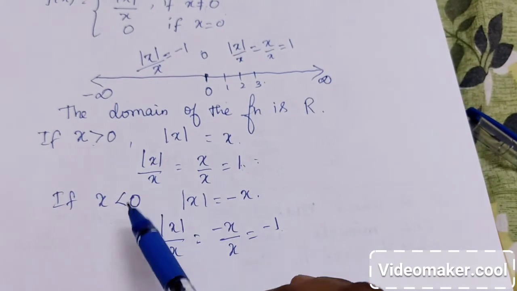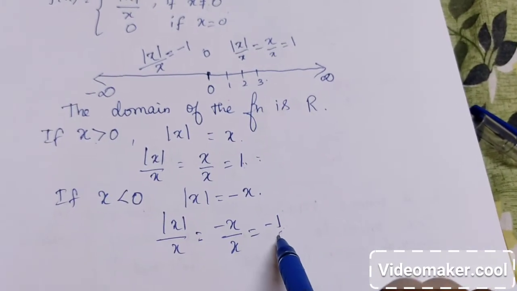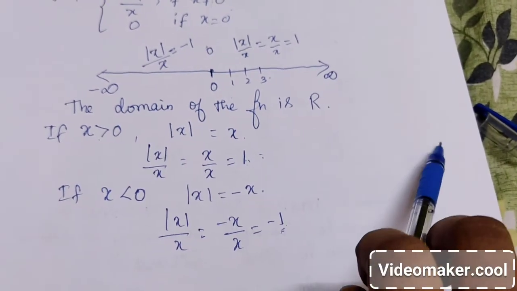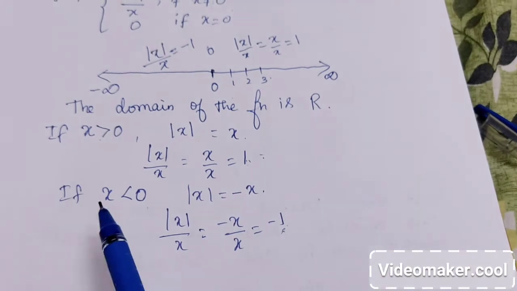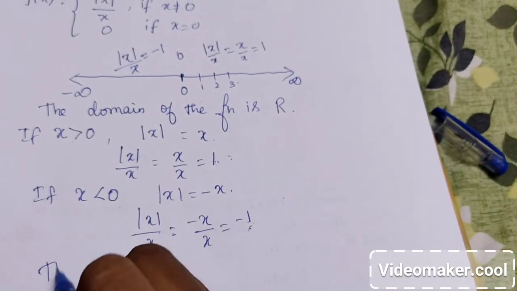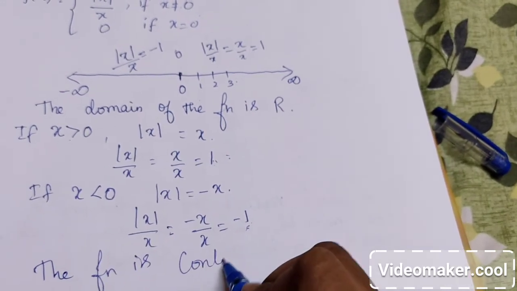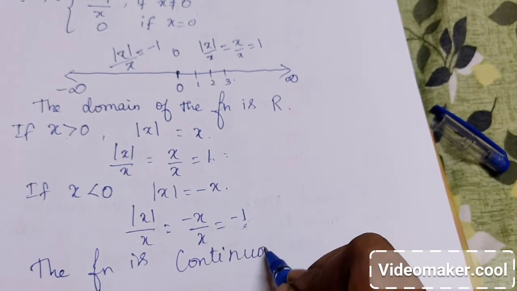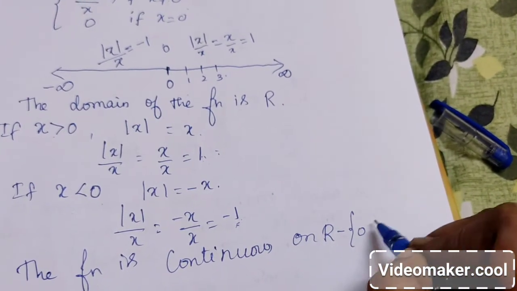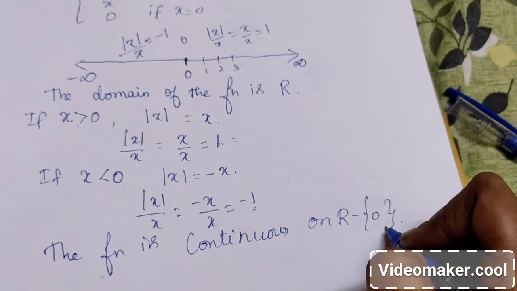For all negative numbers the function gives minus 1, so it is continuous for all negative numbers. So we can say the function is continuous on the real numbers except 0. On this real line the function is continuous.